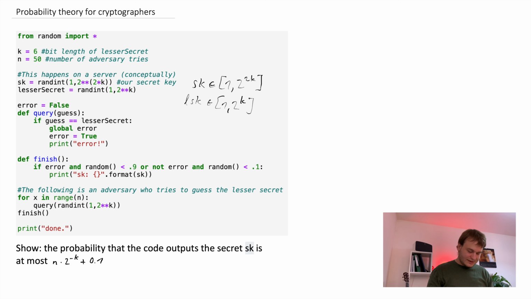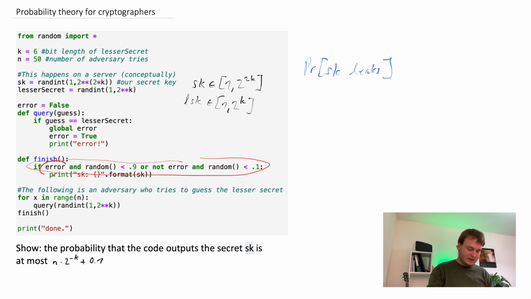So what is the actual probability? This is what we want to look at. What's the probability that the secret key is leaked? If we take a look at this condition here, where the secret key is leaked, we already can make some statements.